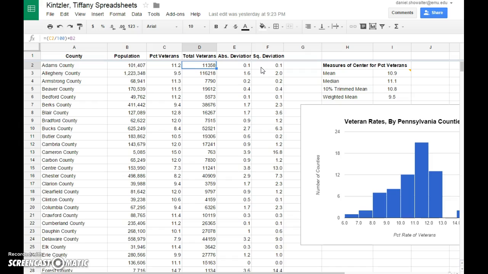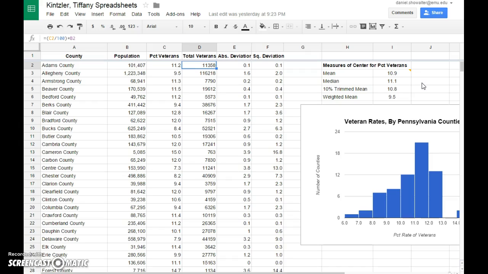Columns E and F are both ways of describing how far, on average, counties were away from the mean, or I should say away from the center of the data set. So what is that center? Well, we could look at the mean as one way of thinking of the center, and the median is another way of looking at the center.